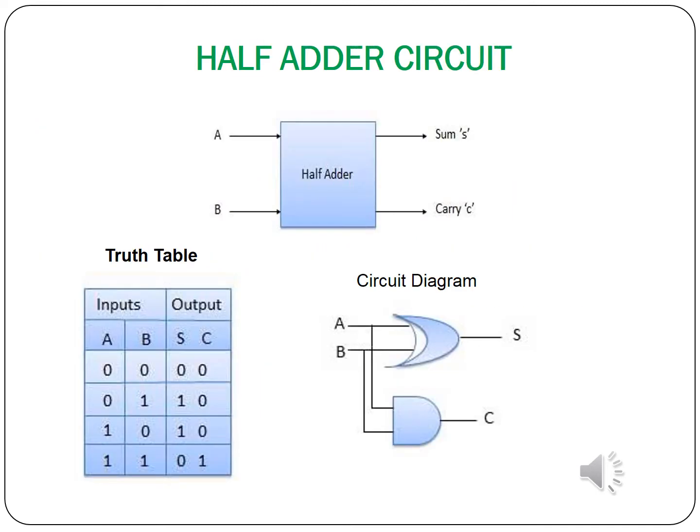This slide shows the block diagram of the half adder circuit, its truth table and its logic circuit. The block diagram of the half adder circuit has two inputs, A and B, and two outputs, sum and carry.